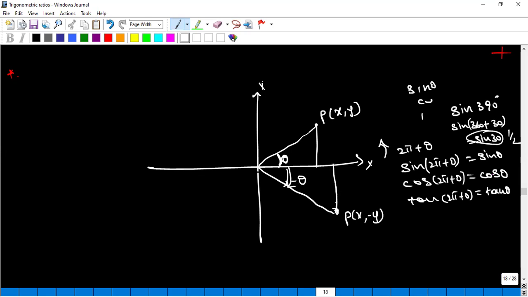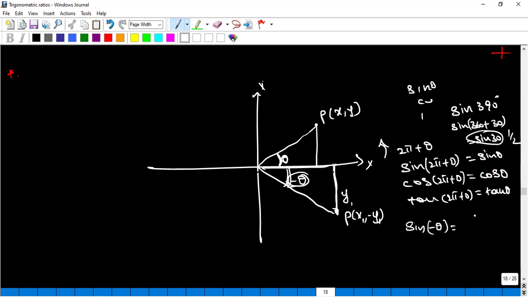Okay, drop a perpendicular, and you can measure this length is y, this length is y, this length is x. If you want x1, y1, you take for your easy reference. Now if you take sine, what is the angle here? Minus theta, right? Sine minus theta you will find.